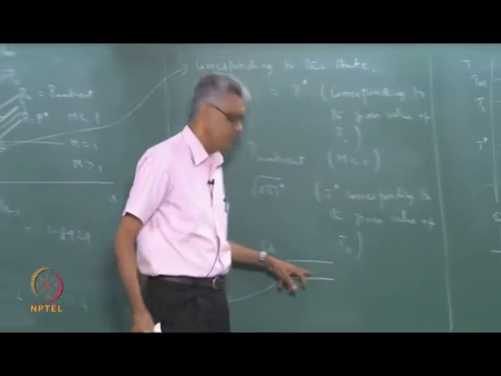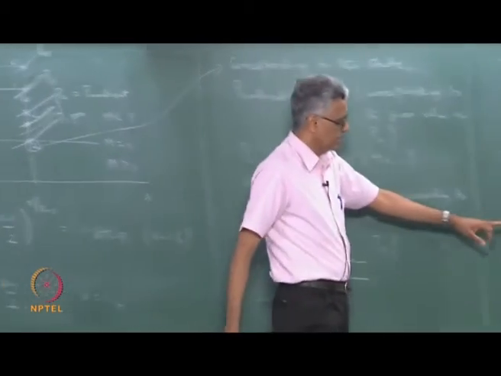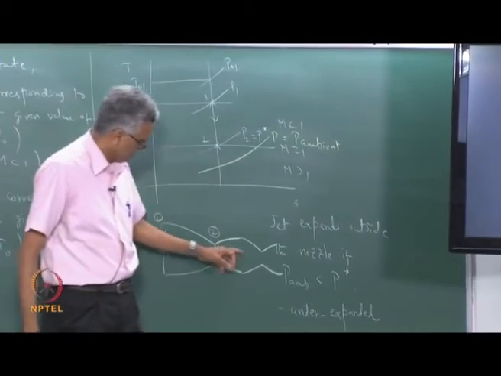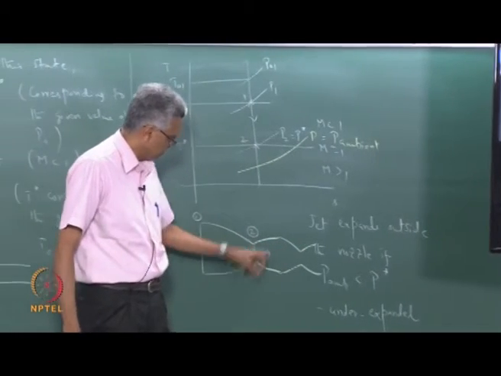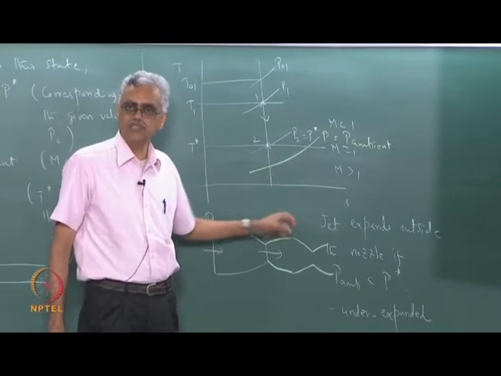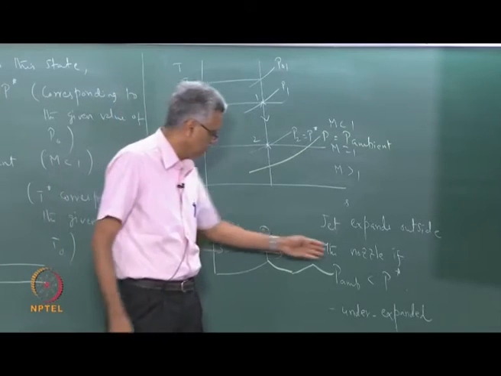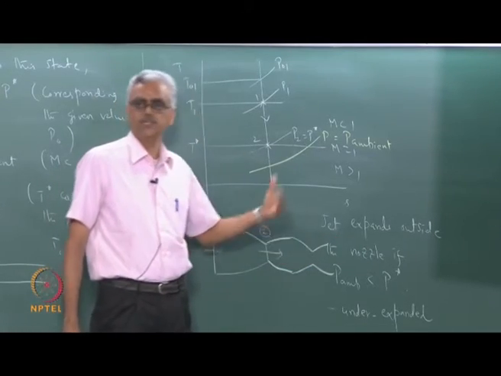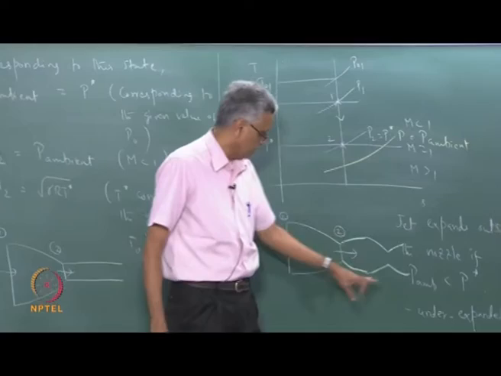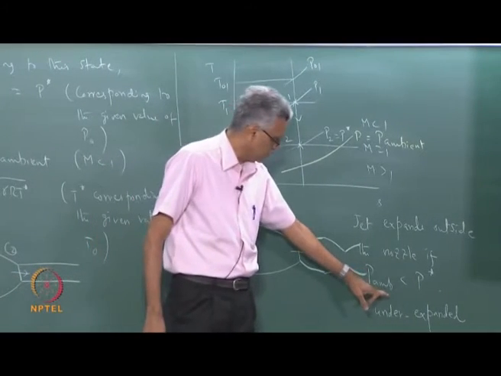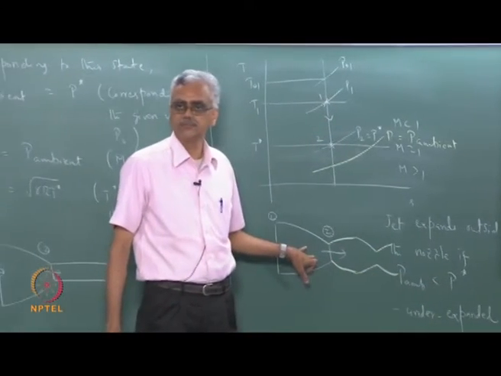Then the jet diameter will become like this. As we go along in the course, we will try to evaluate these angles that the jet will make and the places where it contracts. We will look at the detailed structure of this jet as we go along, but this is what happens when you have a situation where the ambient pressure is less than P star.